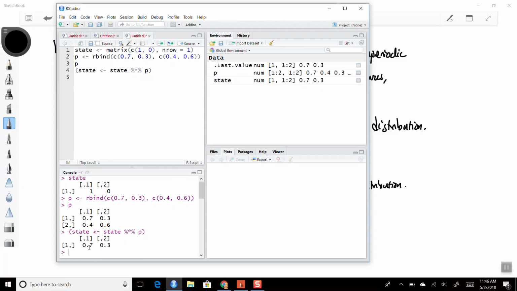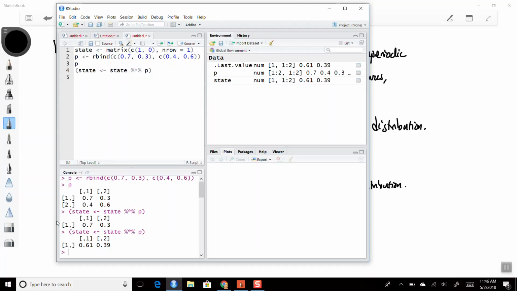Okay, if my current state is 0.7, 0.3, and I apply the transition probability matrix again, we get 0.61 and 0.39, which is what our calculations showed. Again, 70% of this will stay there, and so that's 49% plus the 40% of those at 0.3 will come back, and we get 0.61, and so on.